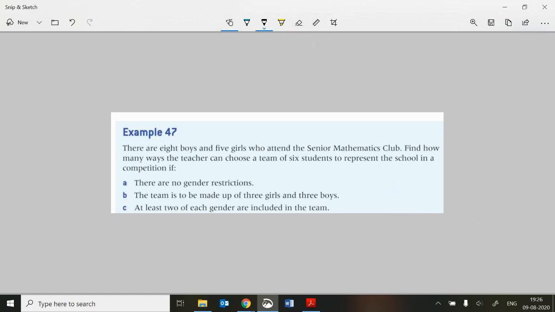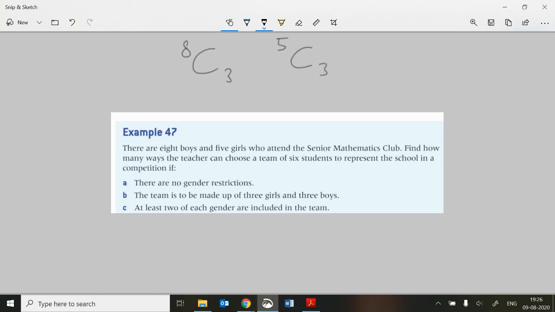So for part B, it says the team is to be made up of 3 girls and 3 boys. So out of the 8 boys, we need to choose 3, and out of the 5 girls, we need to choose 3 as well.